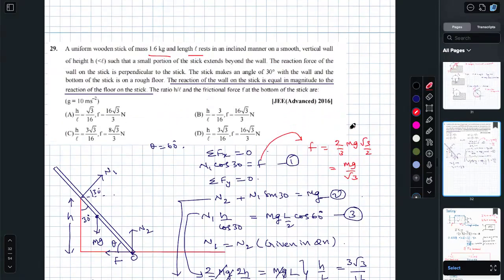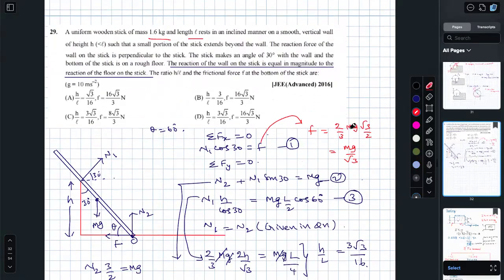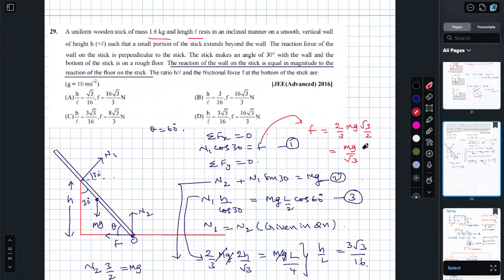Do we know mg? Yes, 1.6 kg, so 16 by root 3, or 16 root 3 by 3 Newton. Option D is correct.